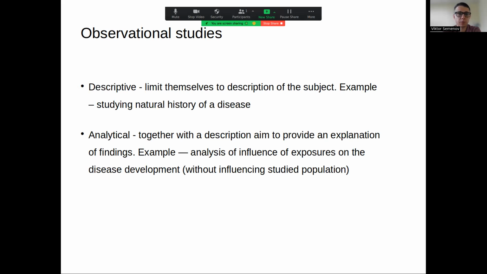The observer or scientist just makes some records about the nature of the study subject and maybe makes some inferences about what the scientist sees. Observational studies are divided into descriptive, which limit themselves only to a description of a subject. For example, studying of natural history of a disease. It happens when, for example, we know very little about a disease, and the first task is to describe what we have on hands.